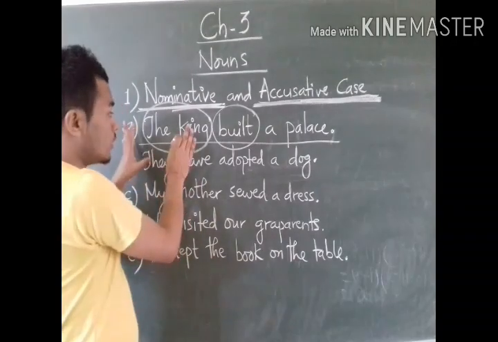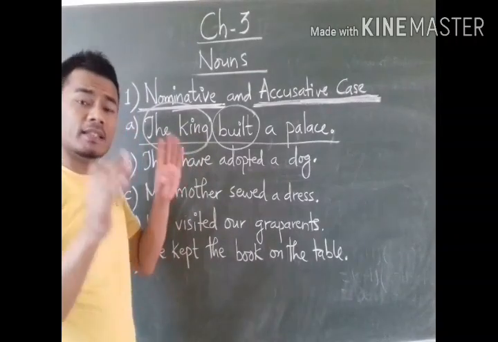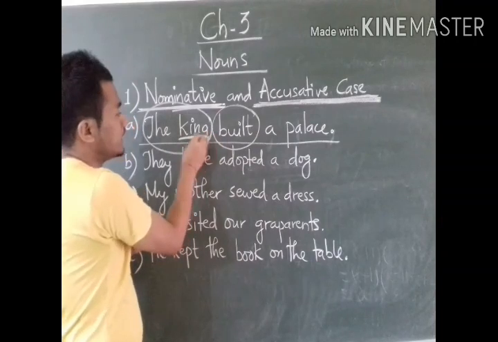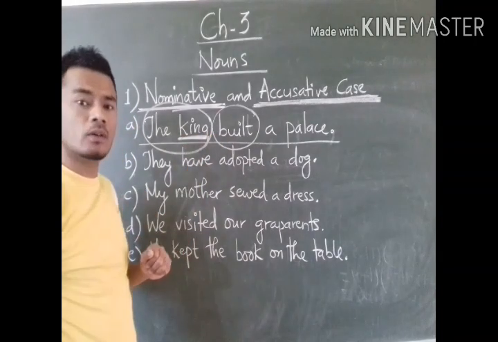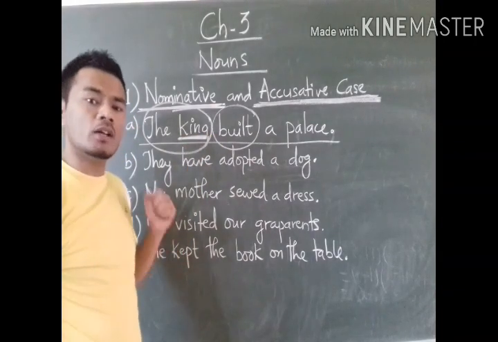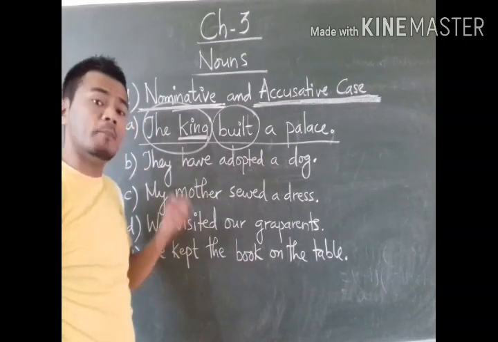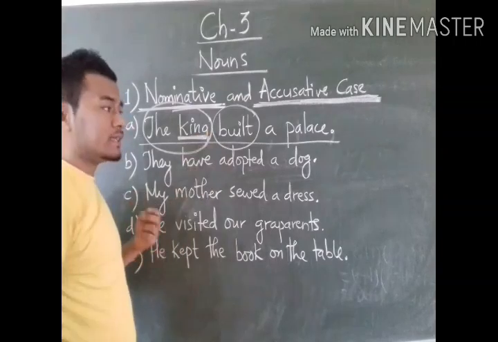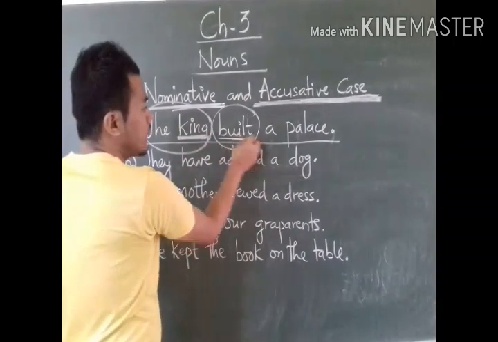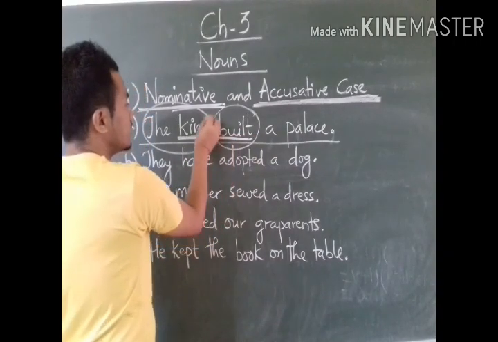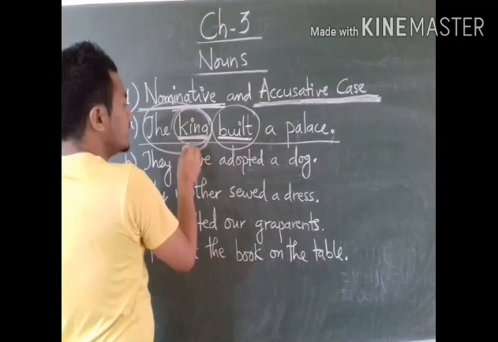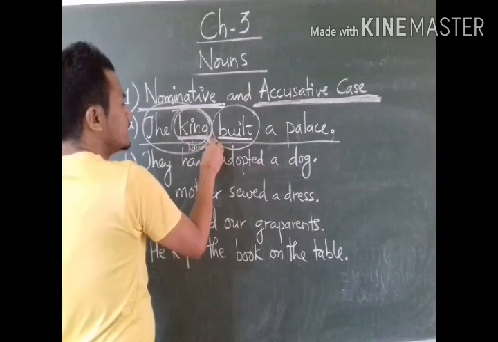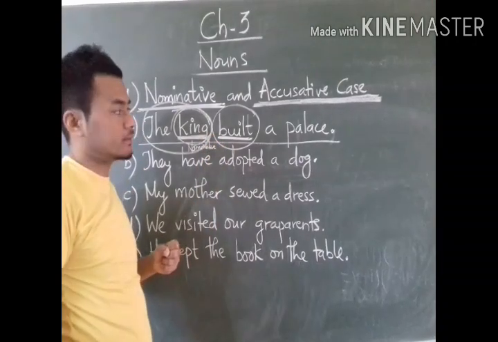As a whole, the king is the subject, but the main subject is king, because king is the actual noun here. To know the nominative noun, we have to understand only the main noun. So, who built a palace? Who is the doer of the action? King. So here the king is in nominative case, because it is the subject of the sentence.